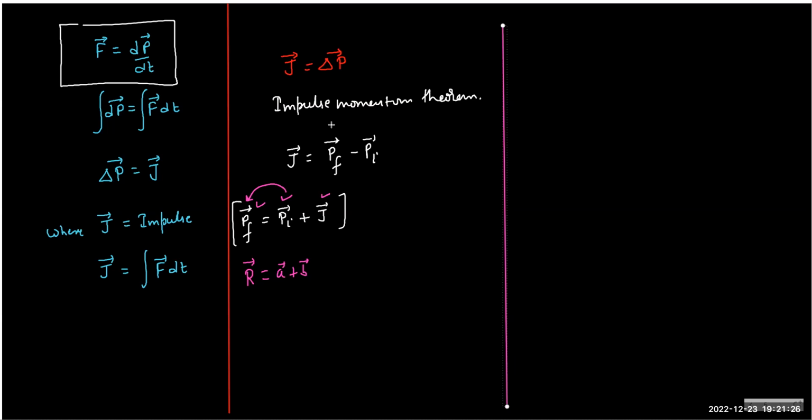So in a game of football, let's say there is a football. Imagine there's a football. If this is a football and it is moving in this direction, then the initial direction will decide the initial momentum. Am I right?